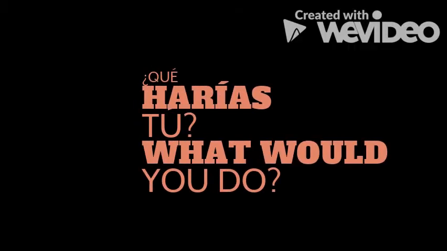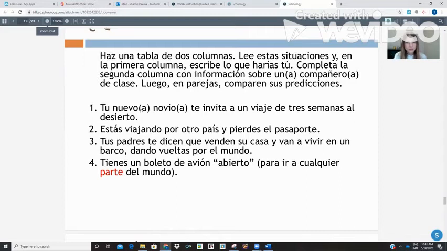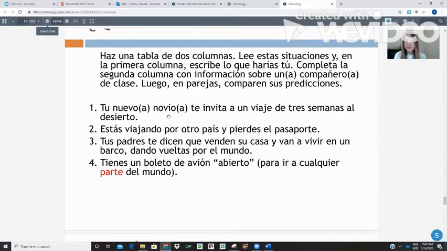Tu nuevo novio te invita a un viaje de 3 semanas al desierto. ¿Lo harías o no lo harías? ¿Irías de viaje con este nuevo novio o no? So what we're asking is, ¿este nuevo novio o novia te invita a un viaje de 3 semanas? Clase.